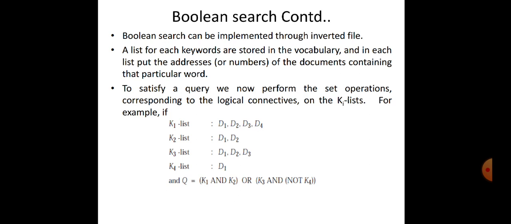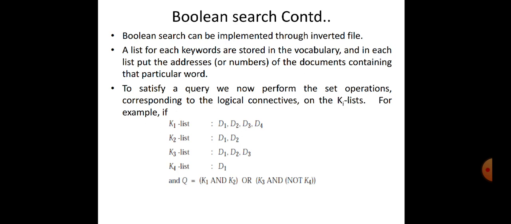In coordination level, we get the number of terms the query has in common with a number of documents. For example, the K1 list is D1, D2, D3, D4. K2 is D1, D2. K3 is D1, D2, D3.